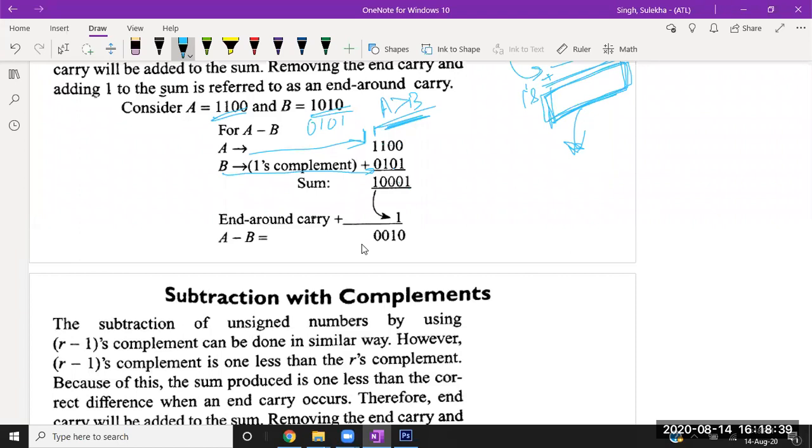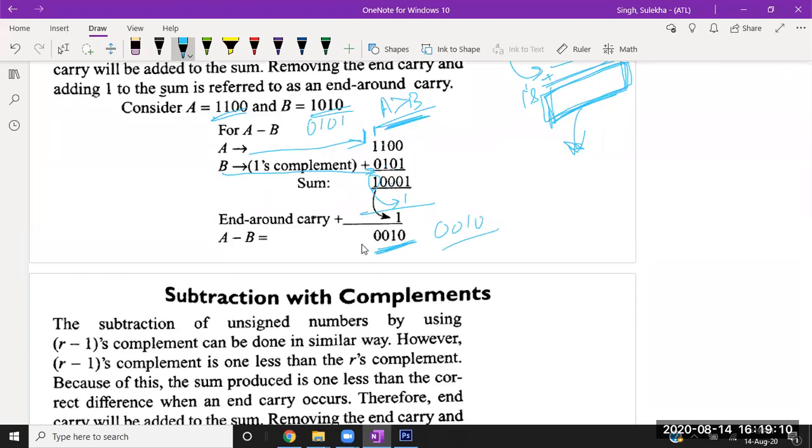You can see that I am adding 4-bit numbers, but I am getting a 5-bit number, meaning there is an overflow. For this one's complement method, whenever you get any overflow, you need to add this overflow, meaning add that one to the answer, and after adding, you will end up with this value 0010.